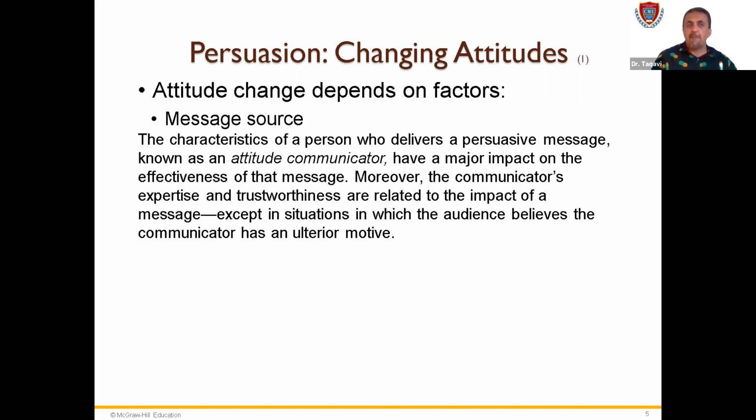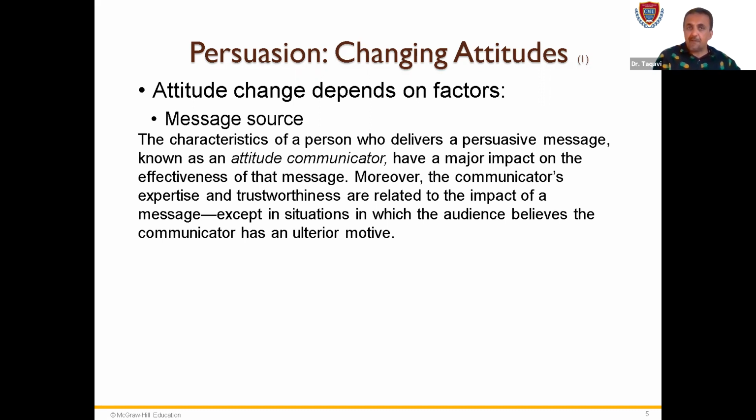At first, message source. The characteristics of a person who delivers a persuasive message, known as an attitude communicator, have a major impact on the effectiveness of that message. Moreover, the communicator's expertise and trustworthiness are related to the impact of a message, except in situations in which the audience believes the communicator has an ulterior motive.